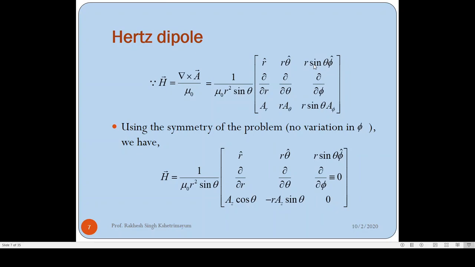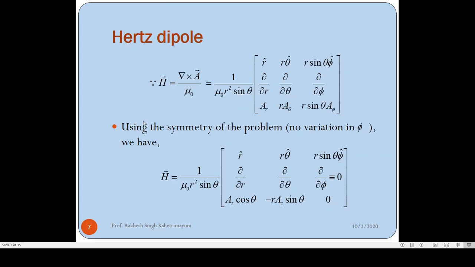So you multiply by 1 here, by r here, and by r sin theta here, and there are the partial derivatives with respect to r, theta and phi. Even for the Ar, A theta and A phi components, you multiply by 1, r, r sin theta. So that's how you find the curl in the spherical coordinate system.